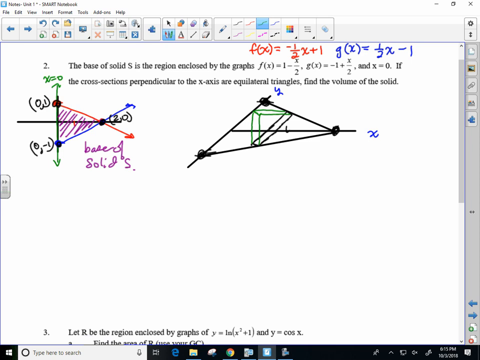All right, so a triangular cross section coming out of the paper. Okay, so the thickness on that triangular cross section, this thickness here, is a change in x, so we're looking at something that's dx. All right, so if I can come up with the area, so we need the area of just a face of an equilateral triangle.